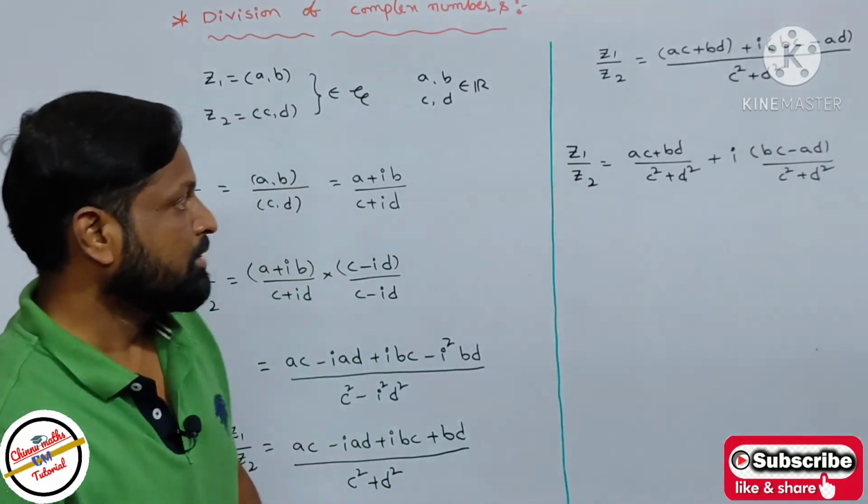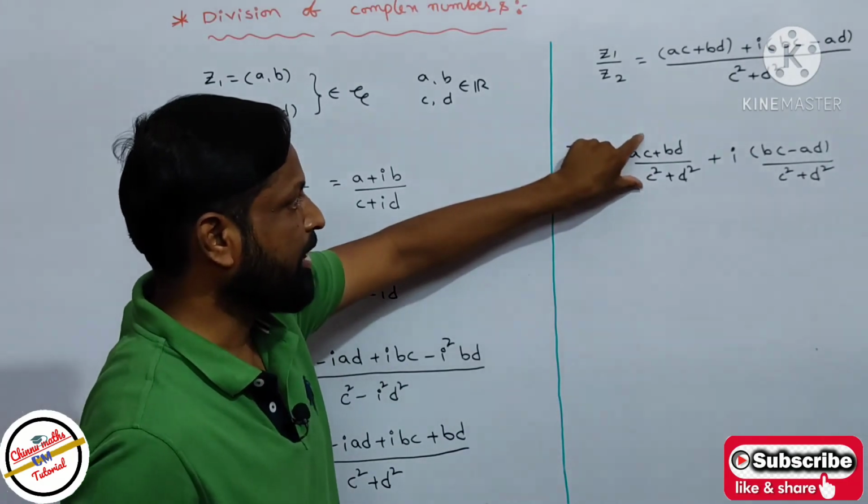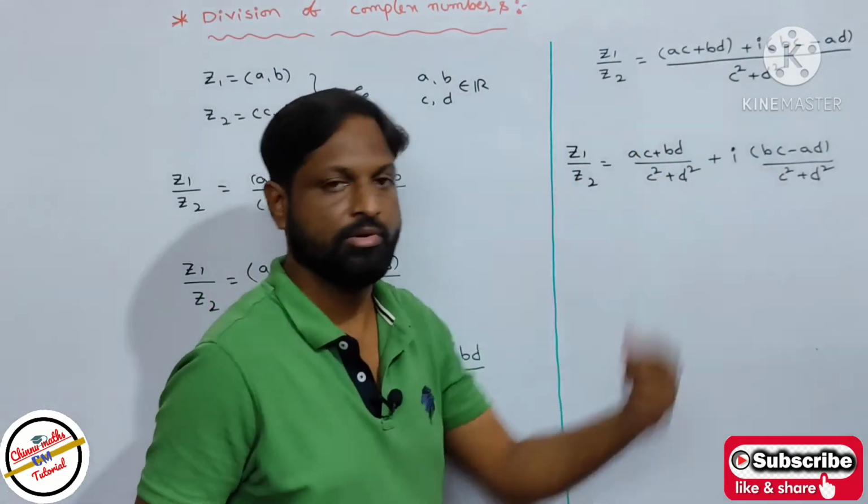See here, it represents the complex number. Why? Because it is in the form of a plus I into b. So this is the real part, and this is the imaginary part.